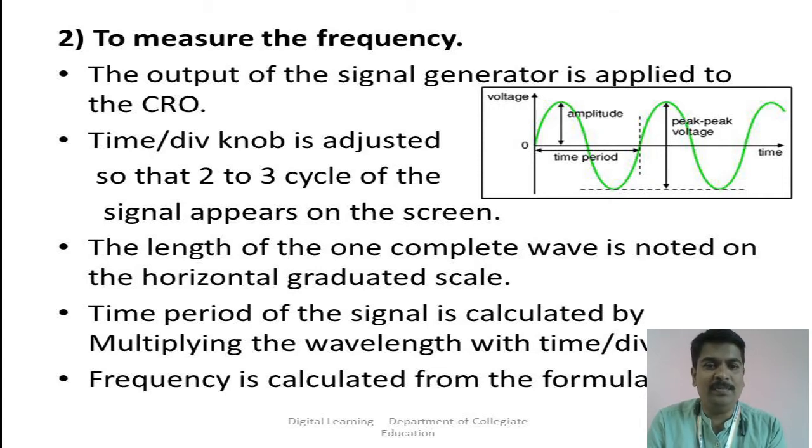The output of any AC signal generator is applied to one channel of the CRO. We have two channels in the CRO. You apply the output of an AC source to one of the channels of the CRO. After giving this AC signal to the CRO, one adjustment we have to make is the time per division knob, so that you can see only 2 or 3 cycles.